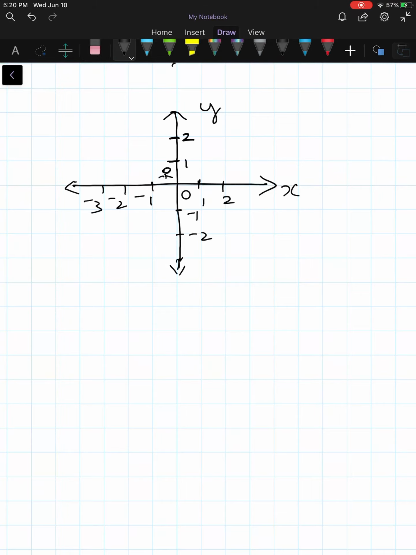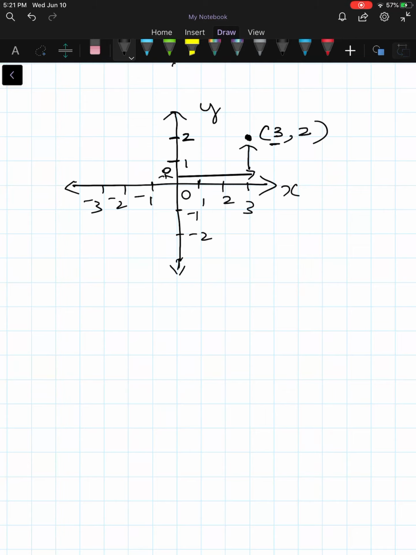If that person has to reach this particular point, he will have to walk 3 steps on the x-axis and 2 steps on the y-axis. Then he will be able to reach that particular point. So that point is 3 on the x-axis and 2 on the y-axis.